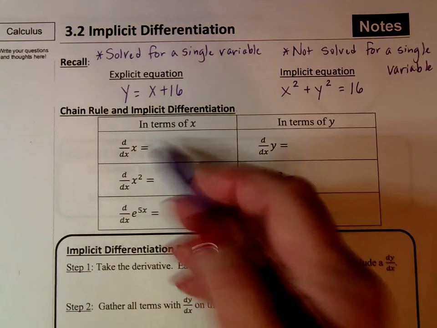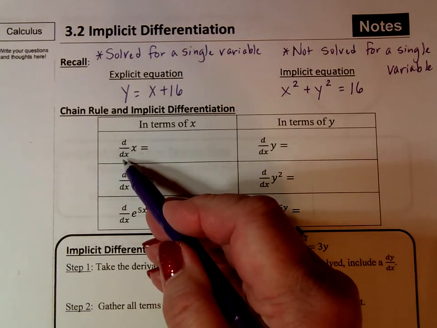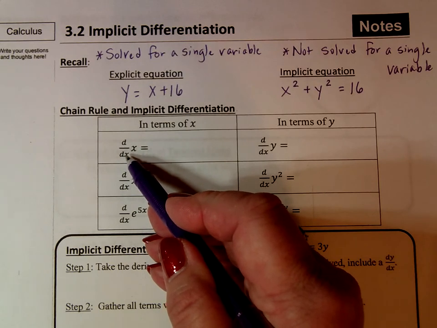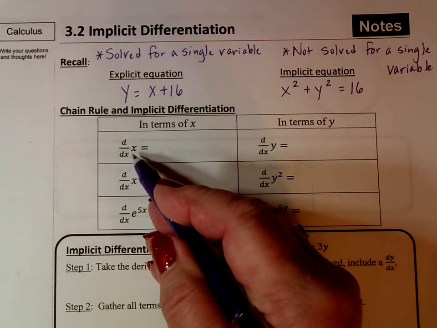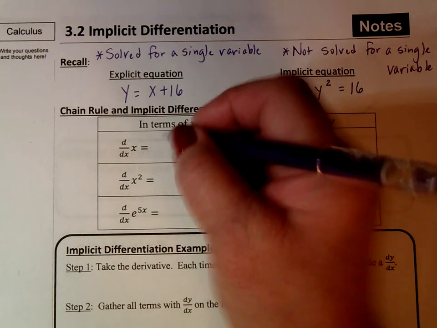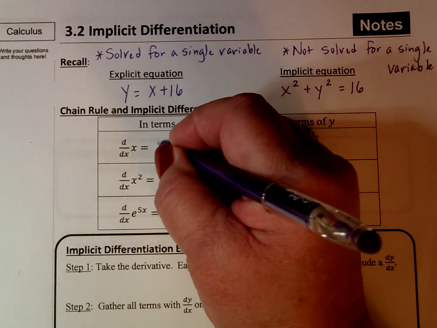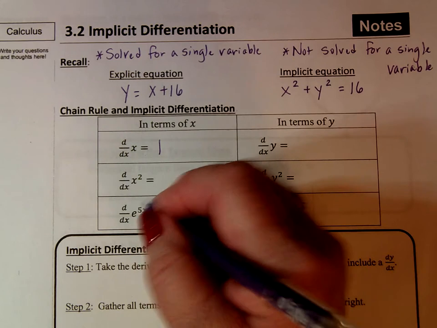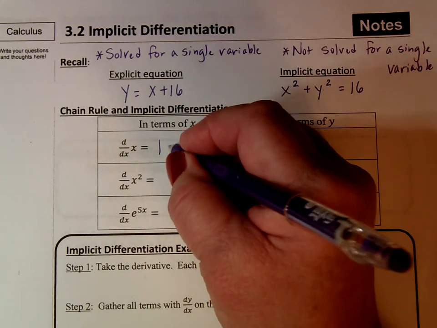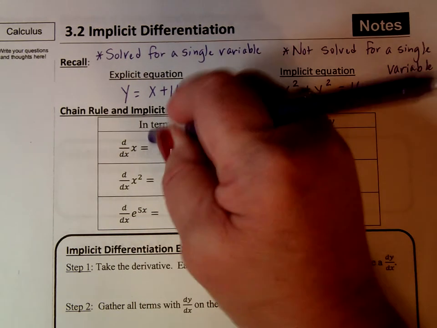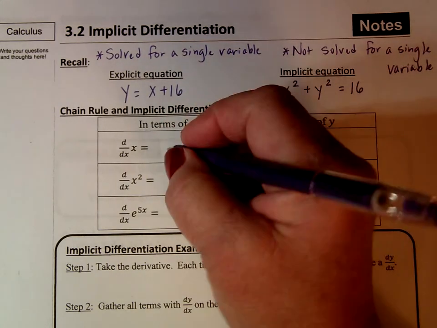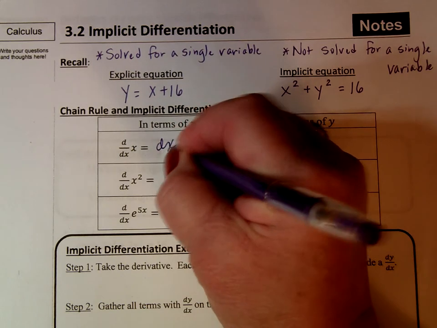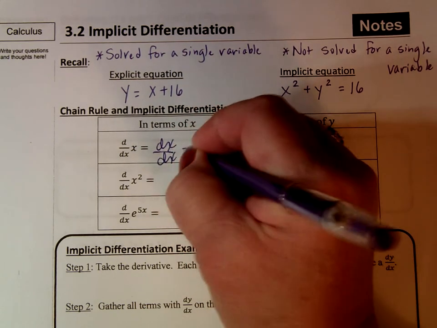If I take the derivative, d over dx is a form of asking you for a derivative. So d over dx, what's the derivative of x? Well, the derivative of x is 1. What's the derivative of x squared? Sometimes you might see it this way: the derivative with respect to x, so it's dx over dx, and that equals 1.